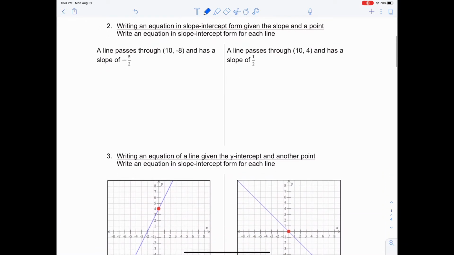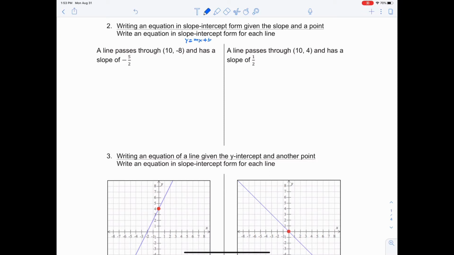Number 2, writing an equation in slope-intercept form, which is y equals mx plus b, given the slope and a point. Write an equation in slope-intercept form for each line. So let's see what we have here at the beginning. I know I want it in y equals mx plus b form.